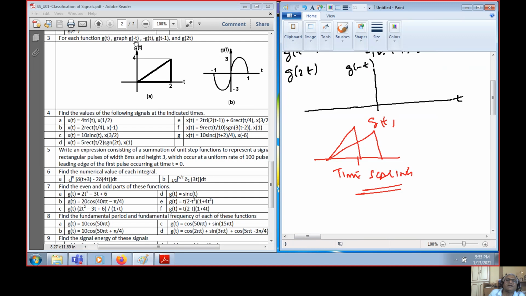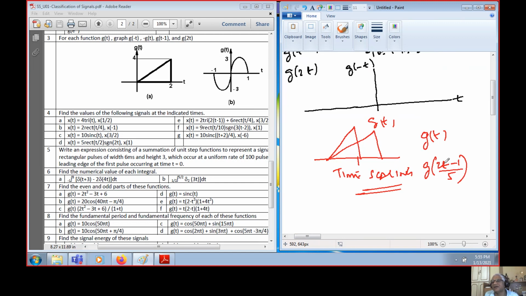G of t, g of minus t, minus g of t, g of t minus 1, and g of 2t. Practice a lot because you should be able to do many other things. Like for example, I give you g of t and ask you to plot g of (2t minus 1) divided by 5. You must be able to plot that. So what is happening here?